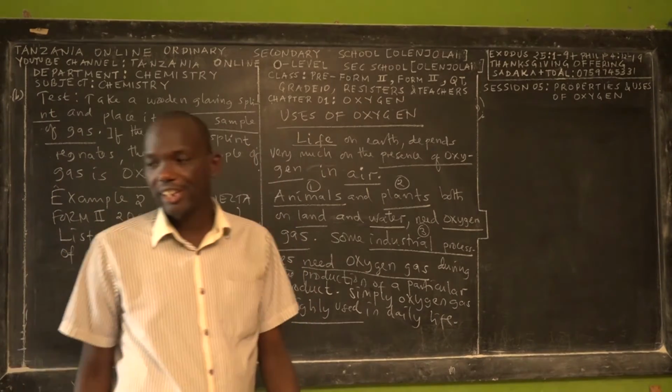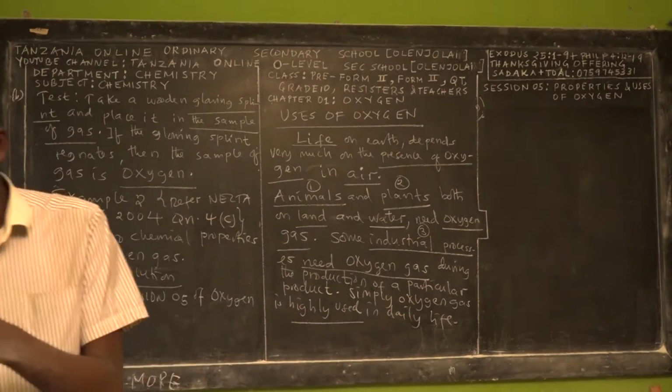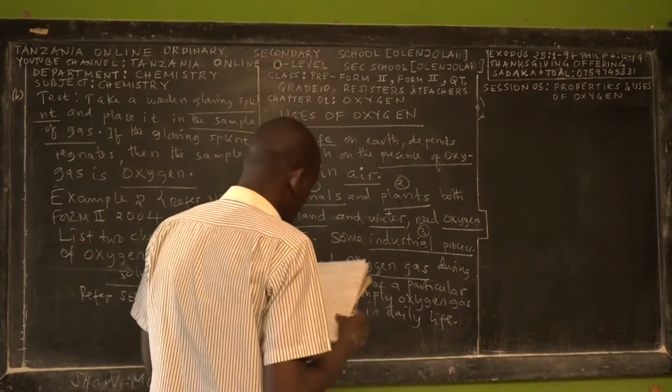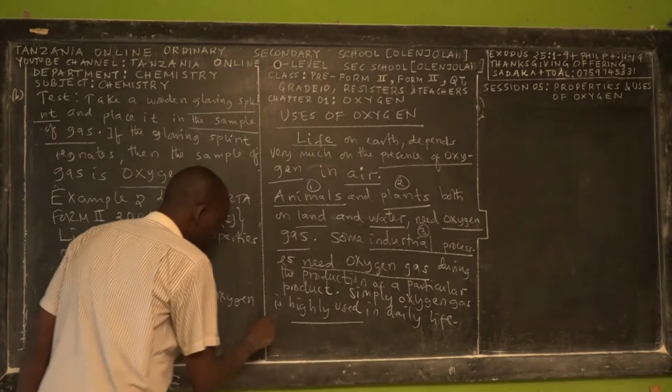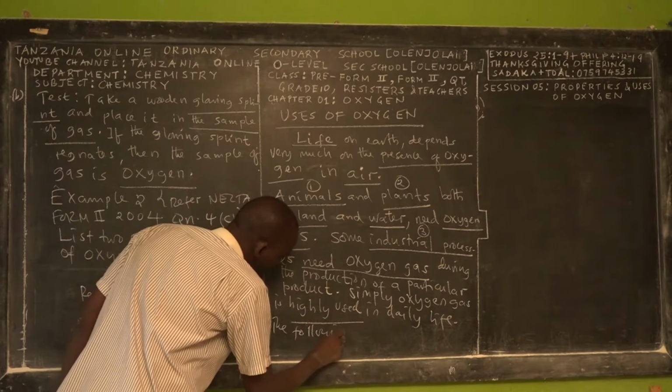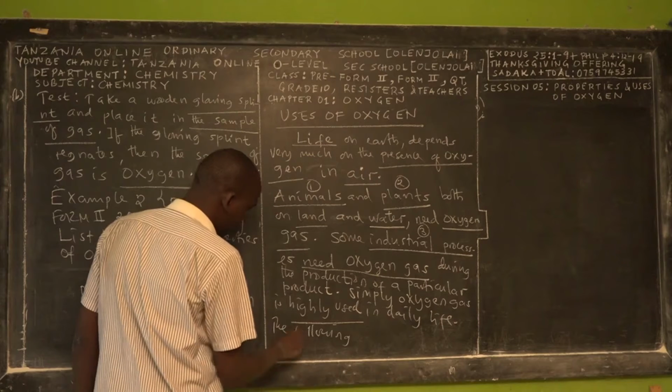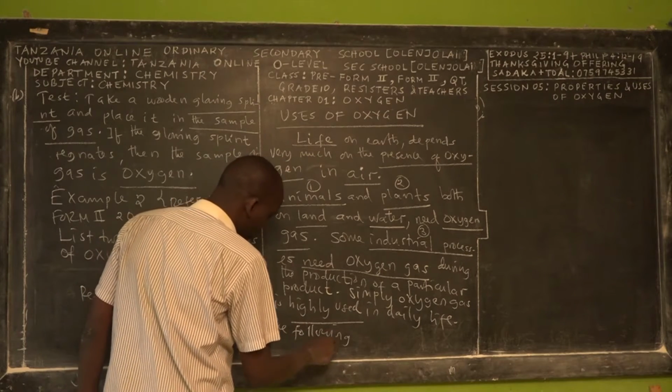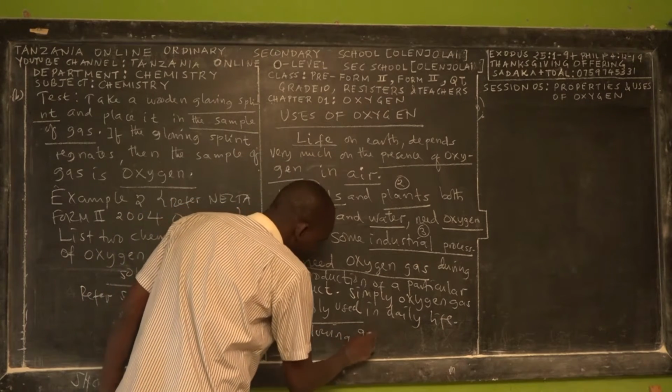Okay, so if that's the case, the following are some of the uses of oxygen in daily life. The following are found, seven. I'll mention five and then leave two as homework for you.